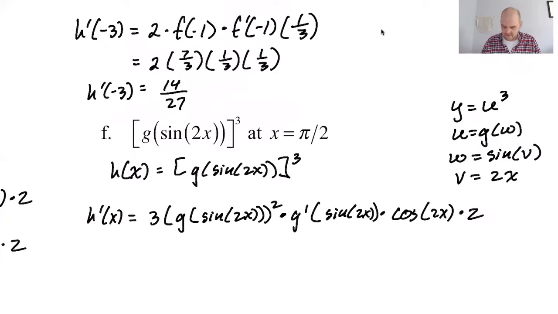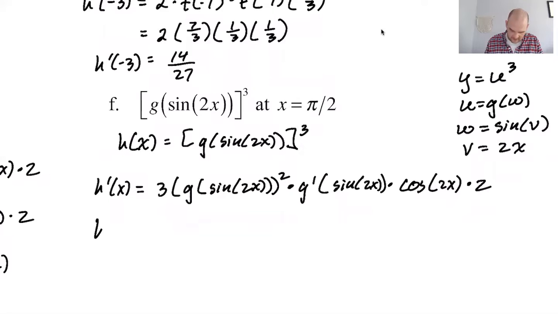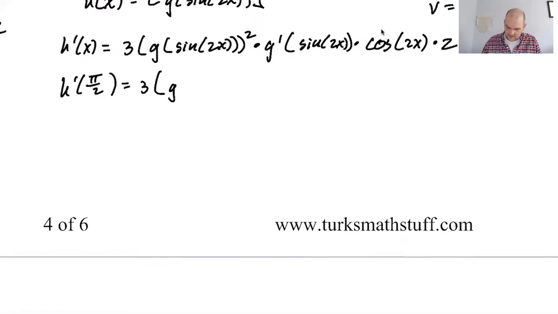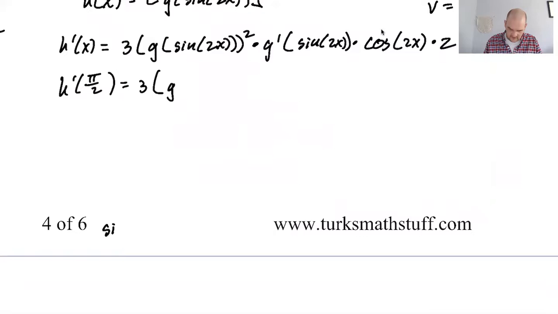That's all you get. Now we're going to find h prime of pi over 2, which, good grief, is going to be 3 g of the sine of, where am I going to write this? I'll write it down here. The sine of 2 times pi over 2 is the sine of pi, which is 0.